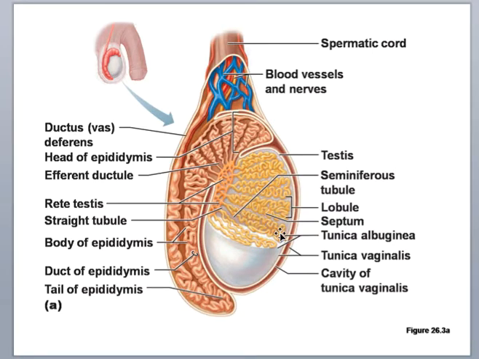The spermatozoa, when they leave through the lumen of the seminiferous tubule, travel to this rete testis, which is this aggregation where they all accumulate. From the rete testis, they travel up into the head of the epididymis, then through the body, and then through the tail of the epididymis.